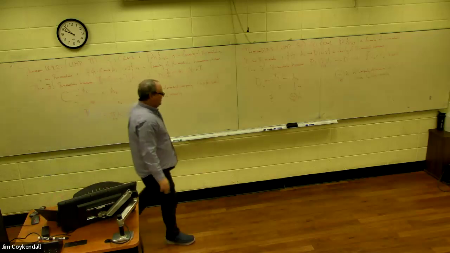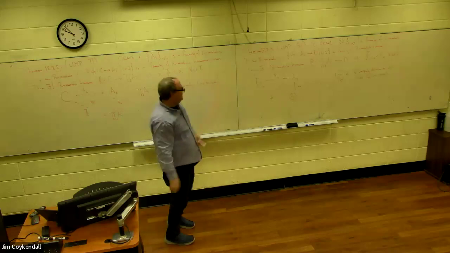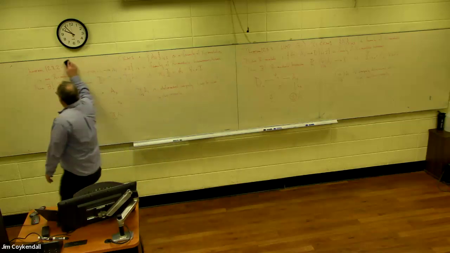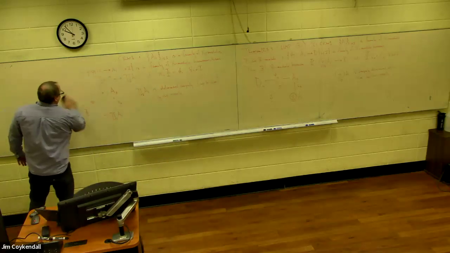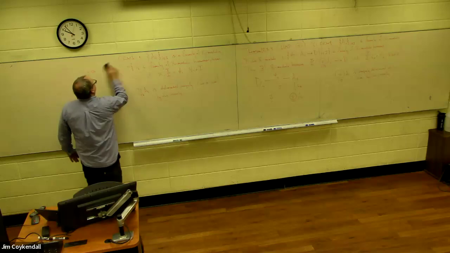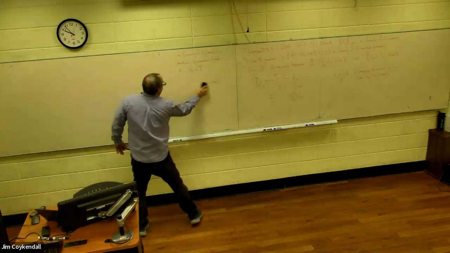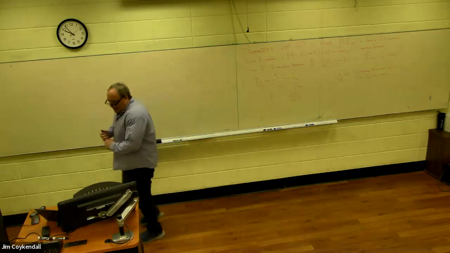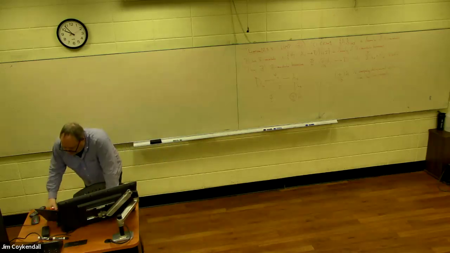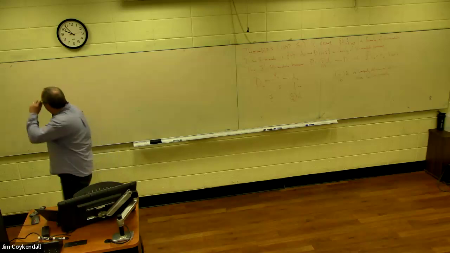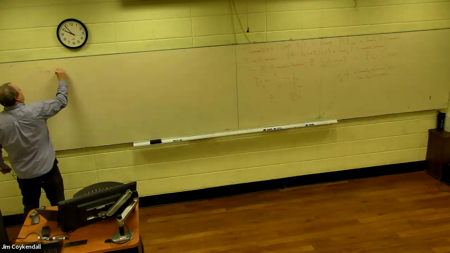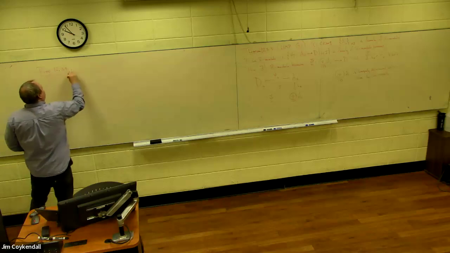Any questions on this before this is something that you've seen for sure, I think? Anyway, if you haven't seen it, you're going to see it now. So proposition 12.3.4.